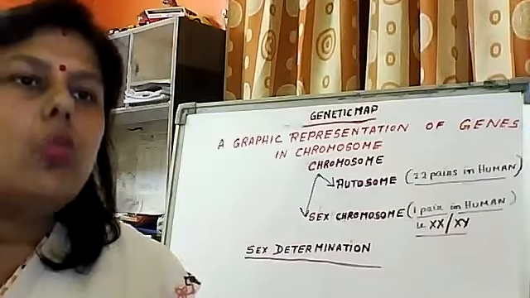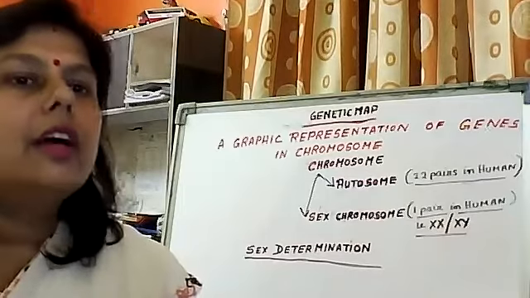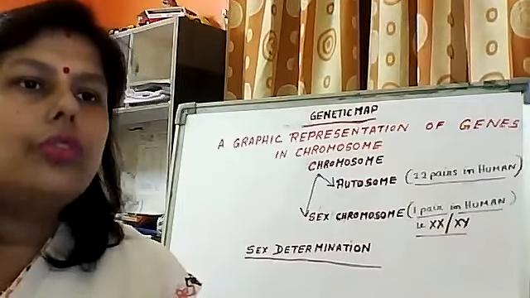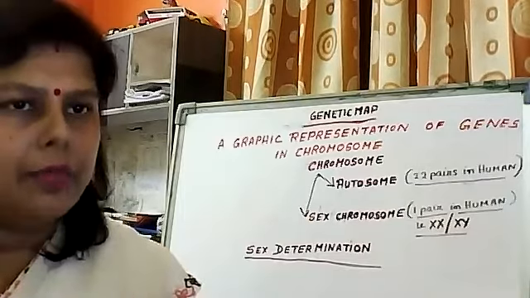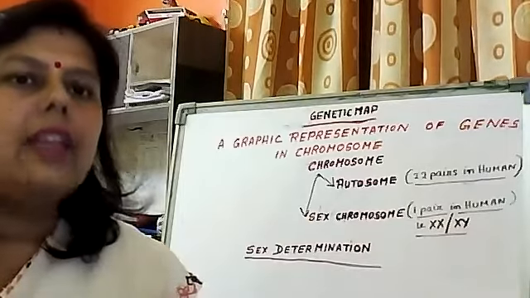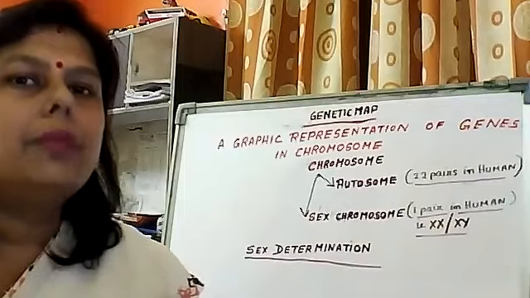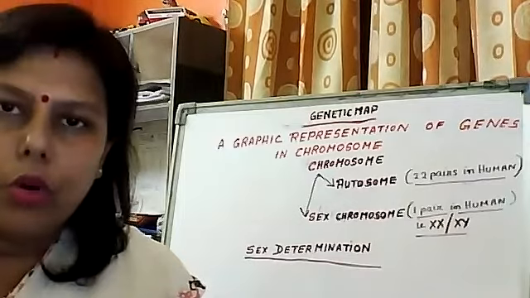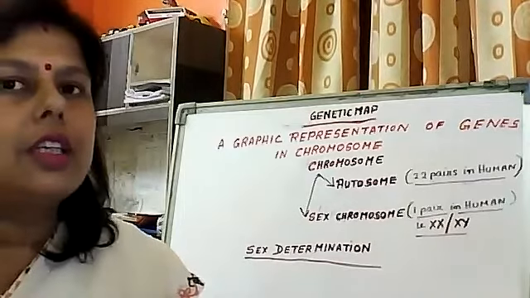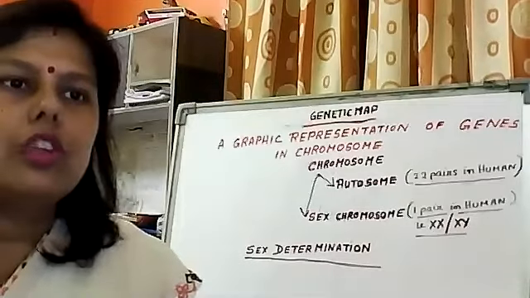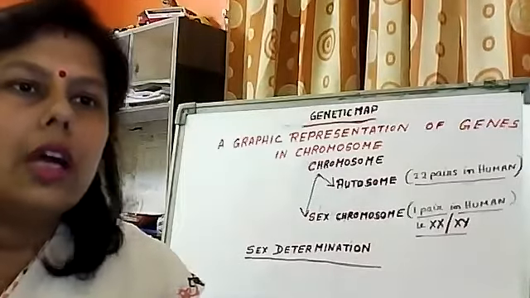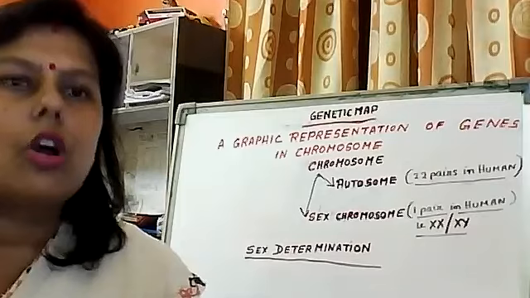So it is one way of finding the relationship, or finding out how one gene is linked with the other, or one can get the idea where the possibility of linkage will be more, or where the possibility of recombination will be more.